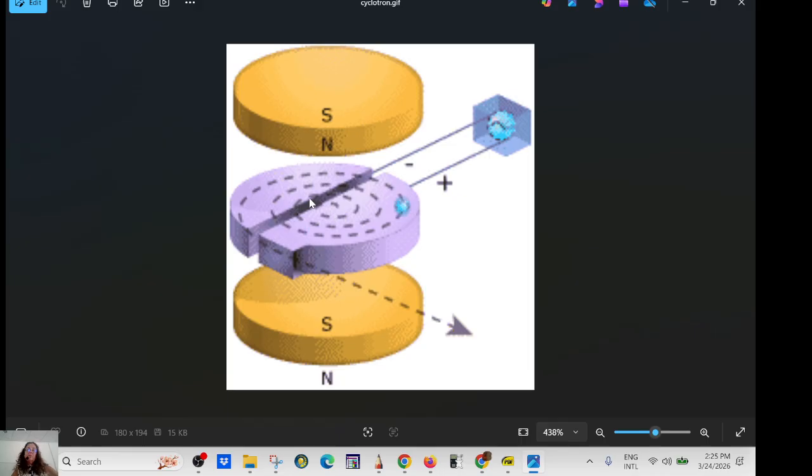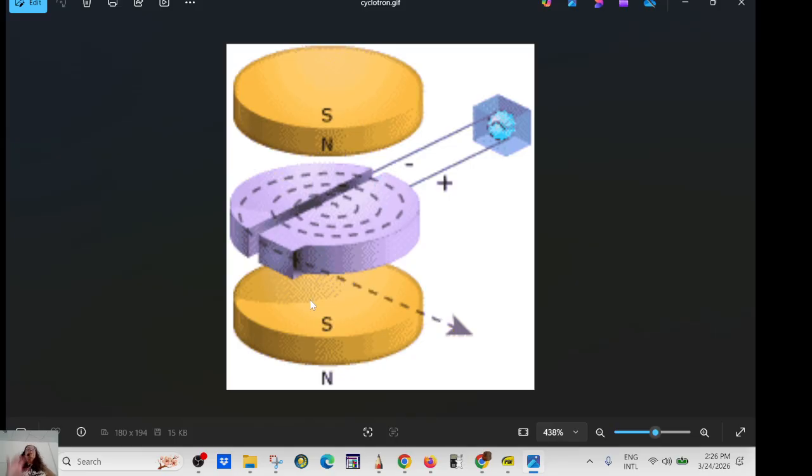So you have your proton for proton therapy, for example. You start from here. It's going to be accelerated by an electric field, curved by a magnetic field, and then it's going to go really, really fast. The electric field is between this gap. And then the magnetic field is, you see, you have south here, north here, so you have a magnetic field going from north into the south.